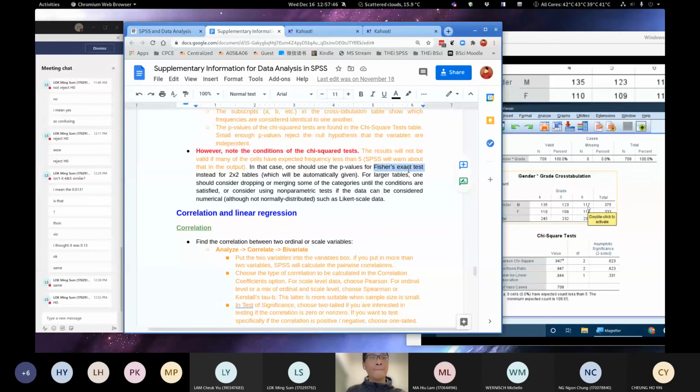Okay, that's it. So it means that you can always solve your problem. If you cannot solve the problem, then you combine your groups until you get a 2 by 2 table, and then you use the Fisher's exact test. So I have written down the criteria here, so you can always refer to it later when you work on your own data.